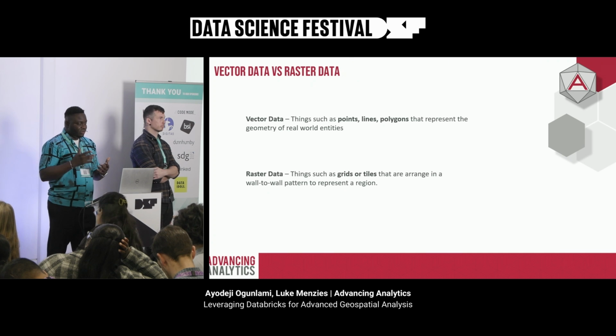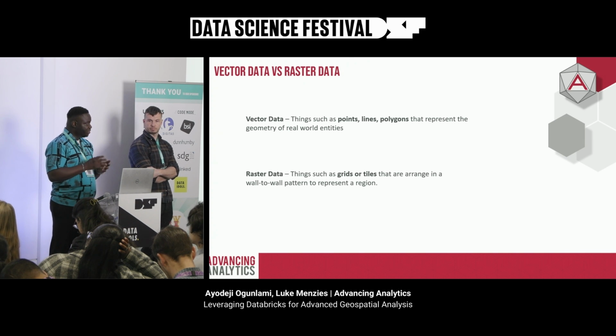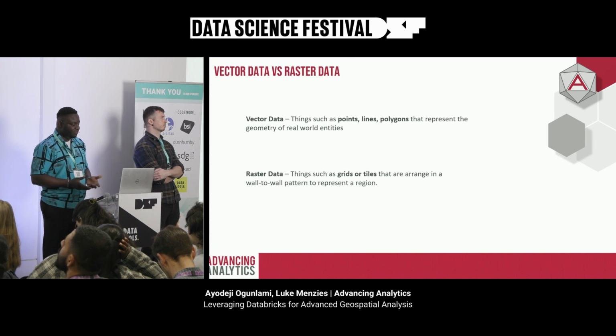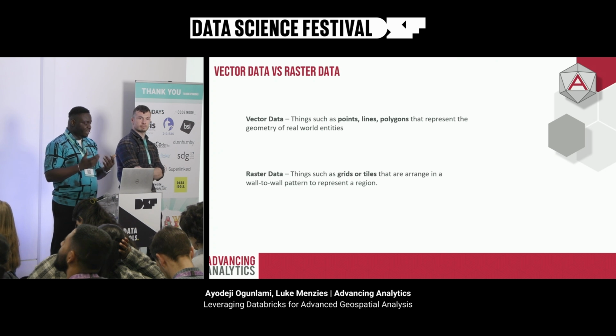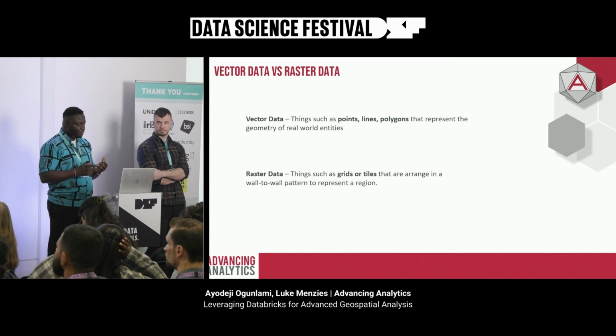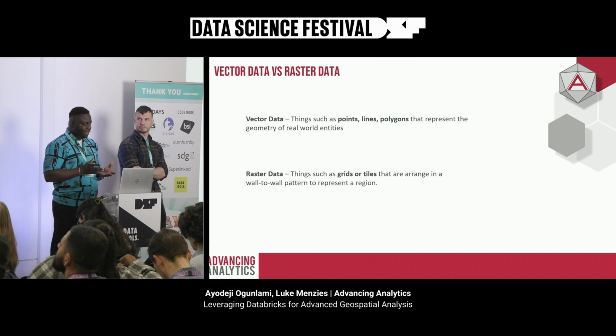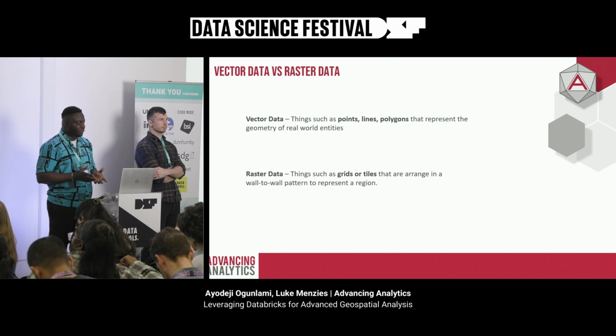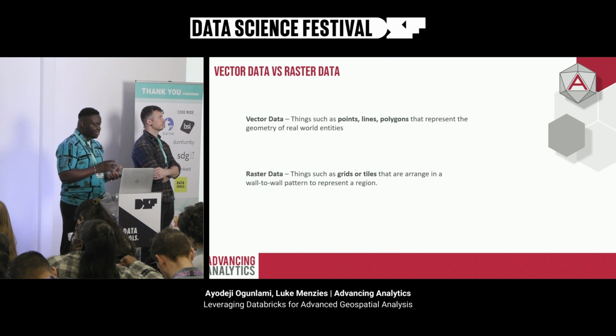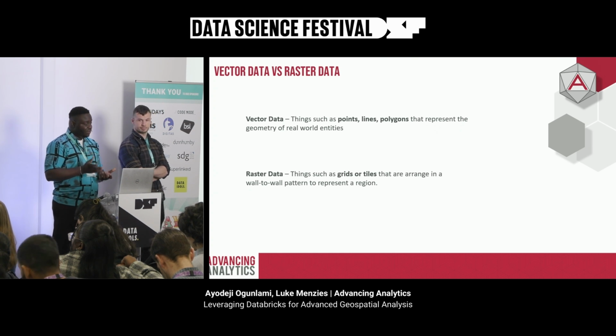To continue this talk, I'll talk about the two types of data sets we have in Geographic Information System. We have vector data sets and raster data sets. Vector data sets are the points, lines, and polygons that are used to describe geometry in real-world entities.